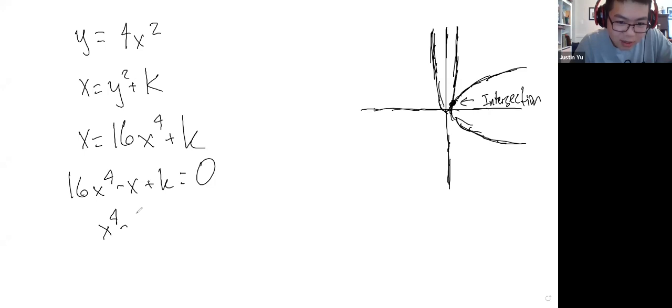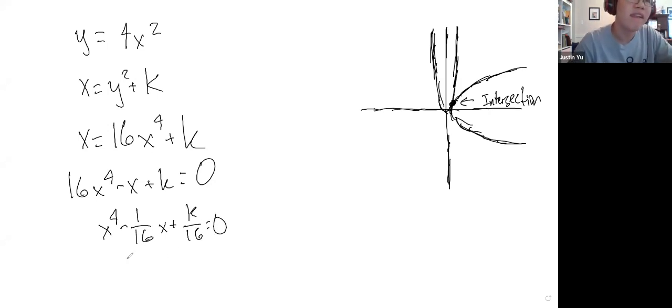All right, and while I'm at it, I'm going to write the polynomial like this. This makes the polynomial monic. Monic means its leading coefficient is 1, which is usually how you see most quadratics.